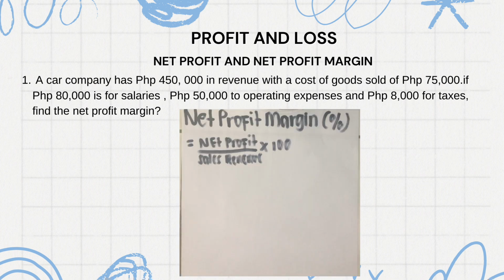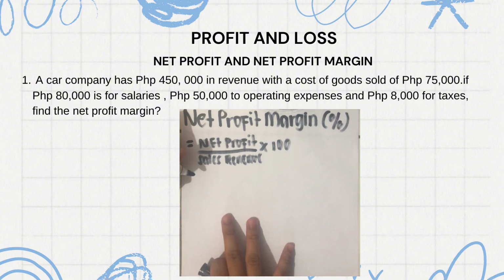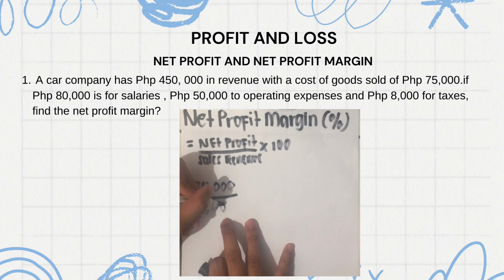Using the same problem, the formula is net profit, 237,000 over 450,000.